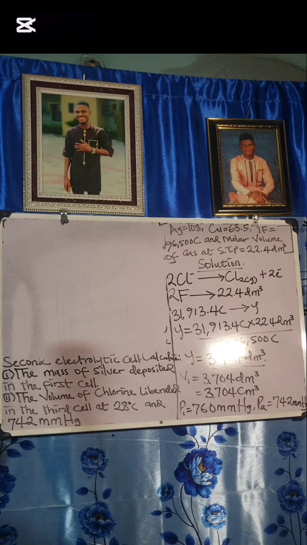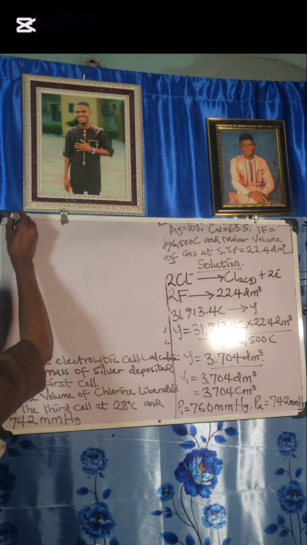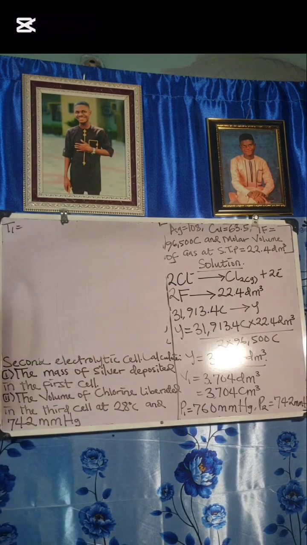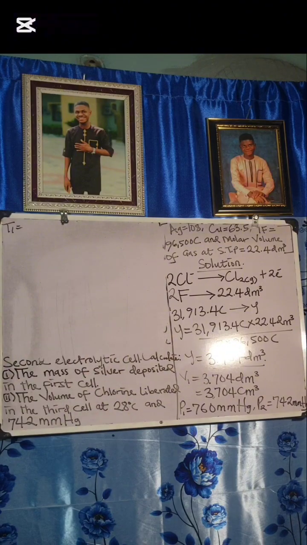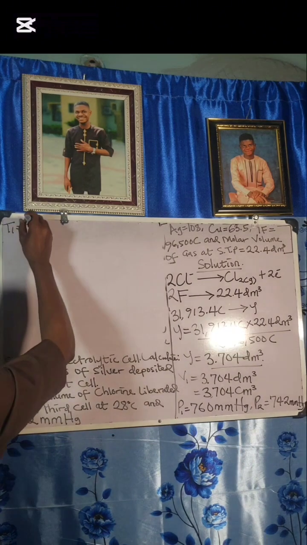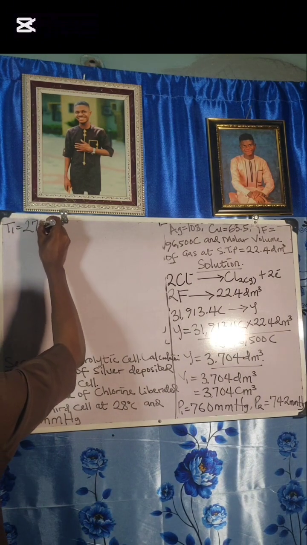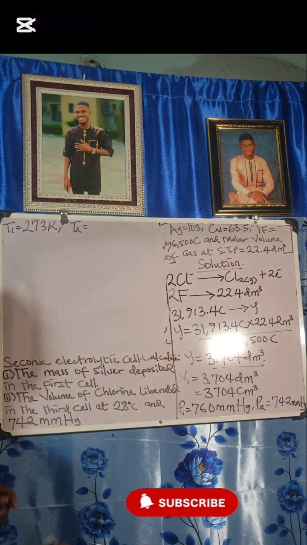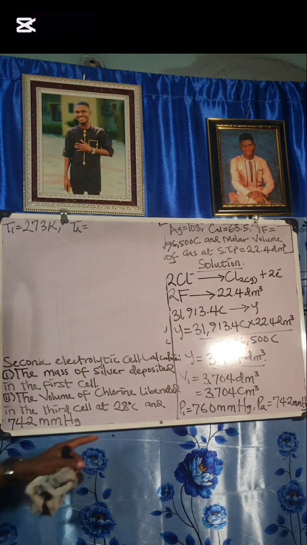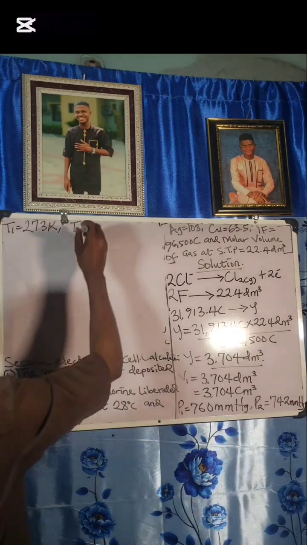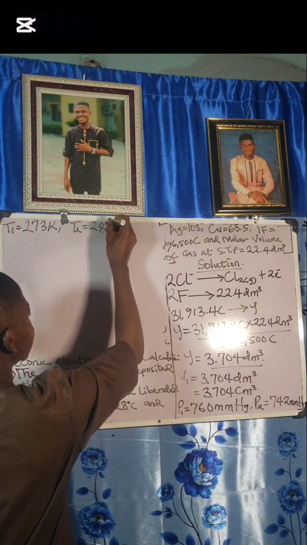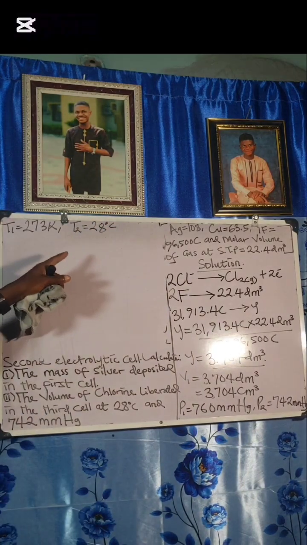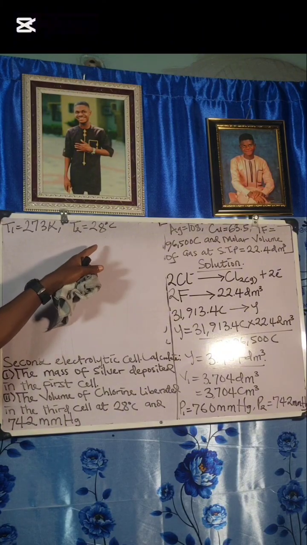Our T1 is equal to the standard temperature, 273 Kelvin. Our T2 will be equal to 28 degrees C. But this temperature is in degrees Celsius, so we need to convert it to Kelvin.